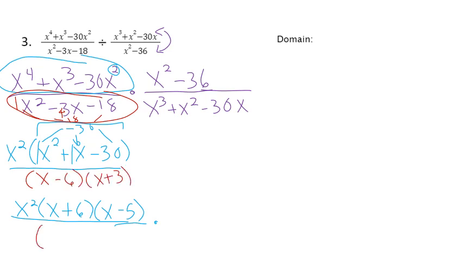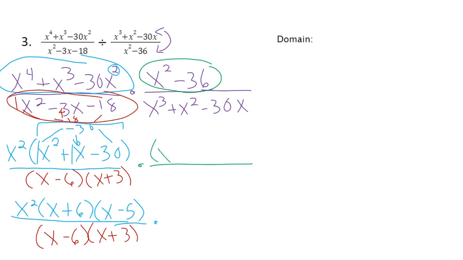I might write it down here. If I then go to the next part, so this is a difference of two squares, I'm going to have here x plus 6, x minus 6, and then I might rewrite it down here.